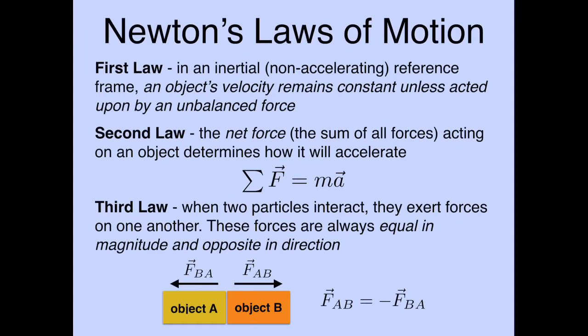The second law deals with what happens when you do have an unbalanced force. What if there is some overall force acting on an object? What then? So the second law says the net force, which is the sum of all forces acting on an object, determines how it's going to accelerate. And this is encapsulated in the famous equation F equals ma.